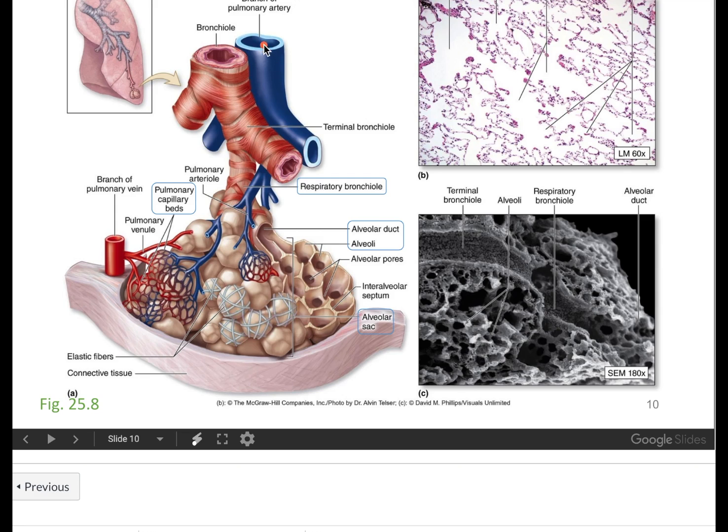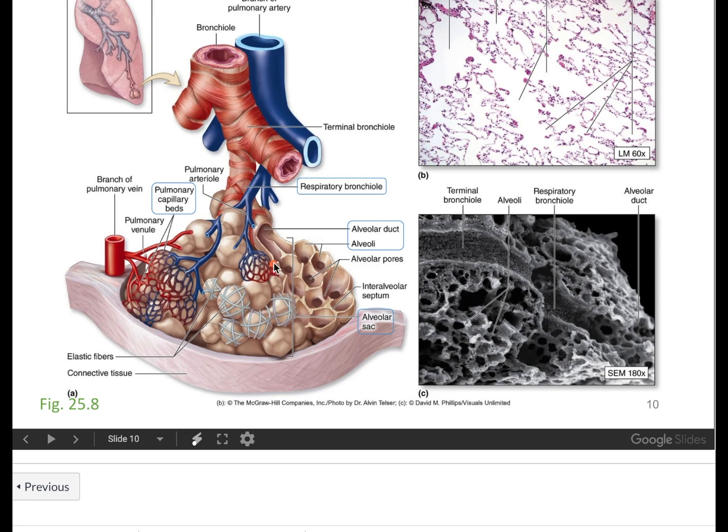So if you remember, the pulmonary artery was blue. It's going to travel alongside the bronchi into the bronchioles, and it's going to get smaller and send off branches into what are called the arterioles, and then at that point we are in the pulmonary capillary bed.